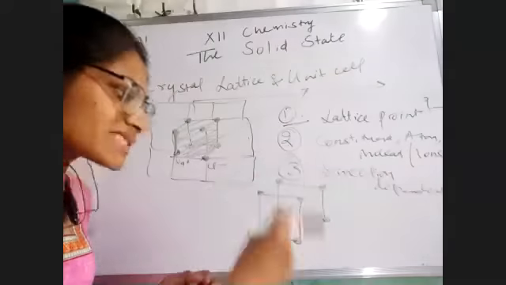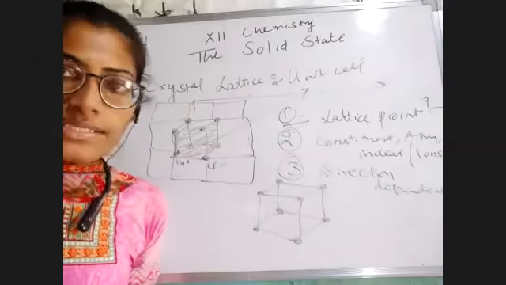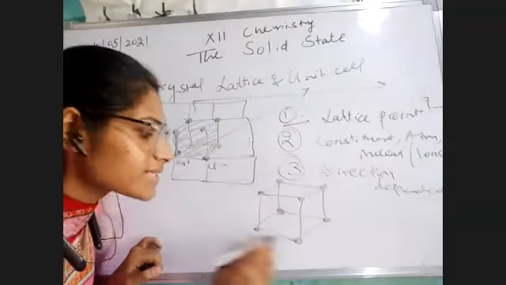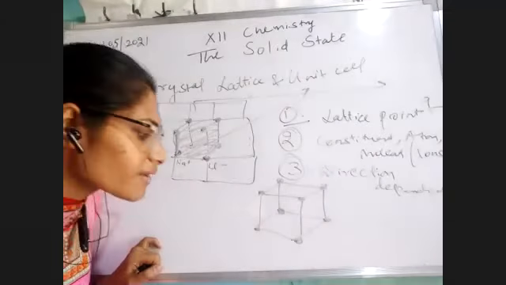Now I would briefly define unit cell with two or three properties. Unit cell wants to define that these are the molecular atoms or ions, you know very well.